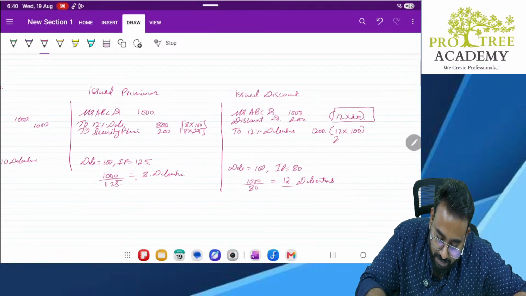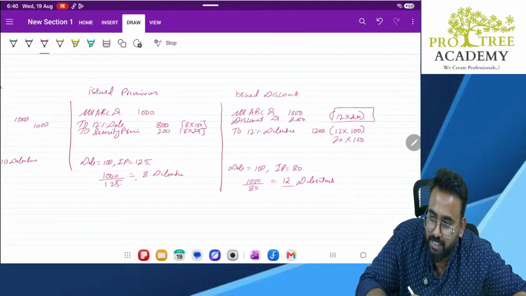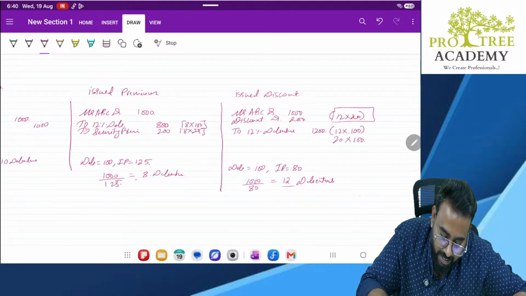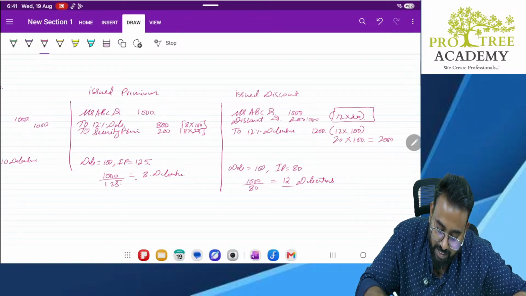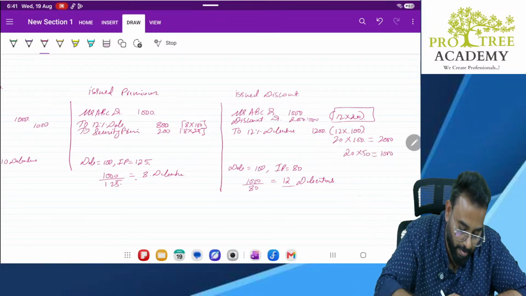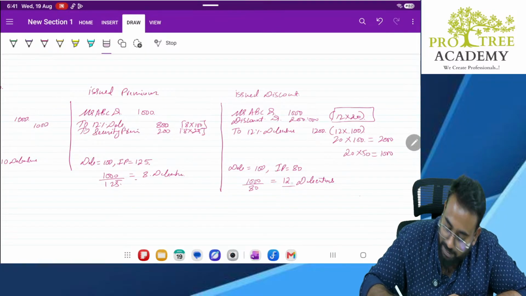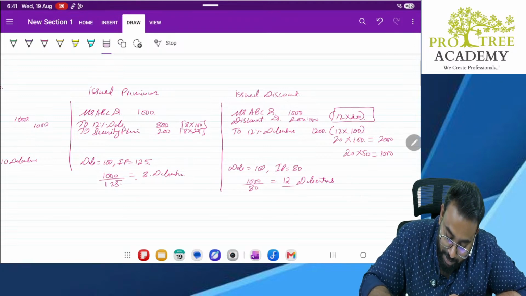If we do 20 into 100, correct, here 1000. What is 20 into 100? 2000. The balance 1000, that is nothing but 20 into 50. So we'll take that example only, because we are getting decimals here. It's better to use that example.